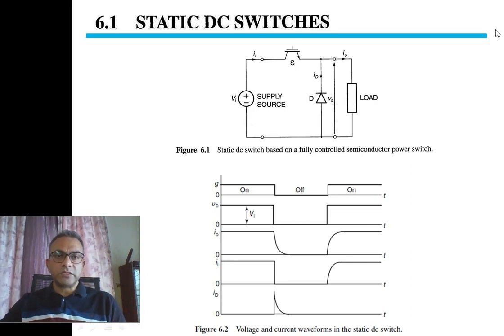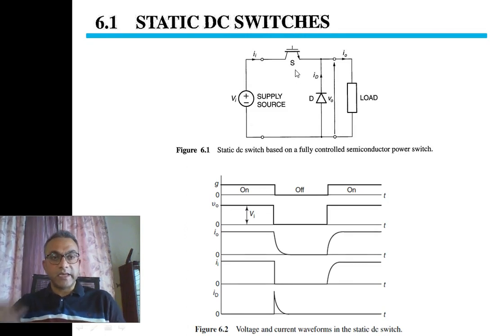So the first waveform is the control signal. It is written G. G represents the gate, that is the gate voltage supplied to the switch S.